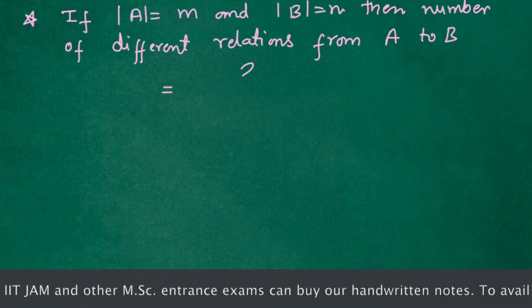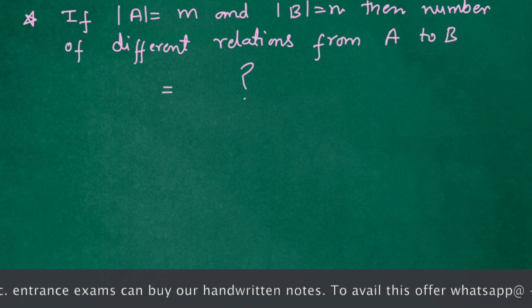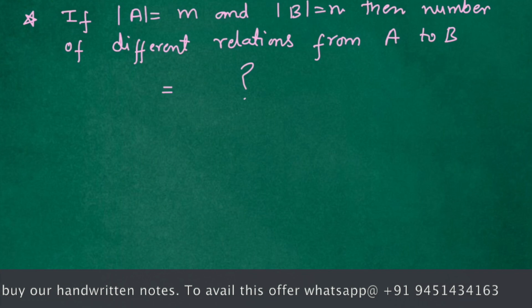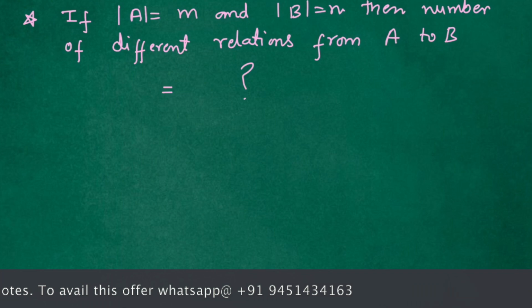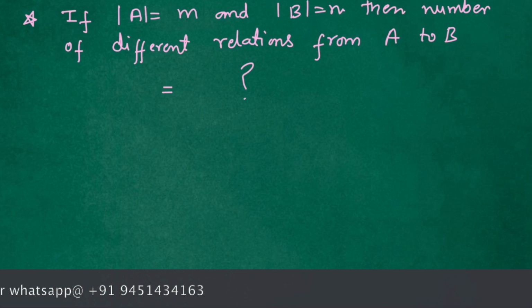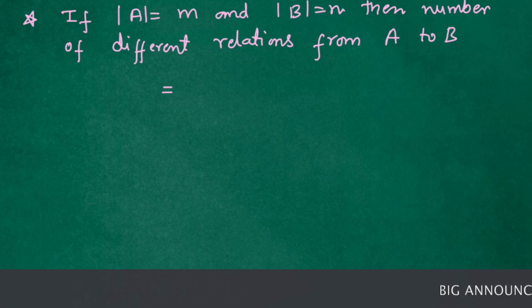That means we have to find the number of relations from set A to set B. We know that a relation is always a subset of A cross B. That means the number of relations will be the number of subsets of A cross B.